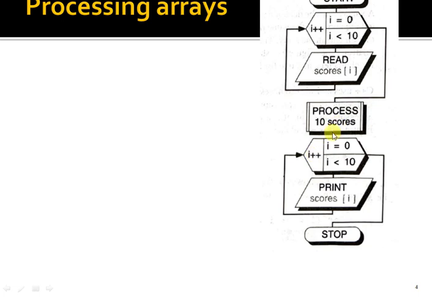The loop is the same, but instead of reading the array, you print or display the array after each index, and then you stop in the end. Now let us see in the next video how we can process the array elements, work with initialization, and compute with some examples of arrays.